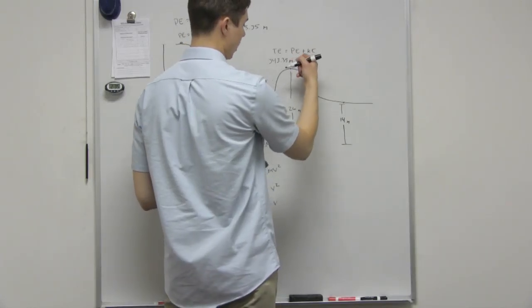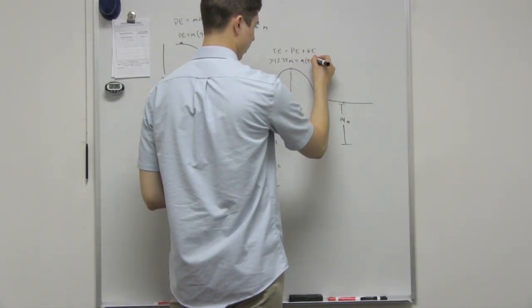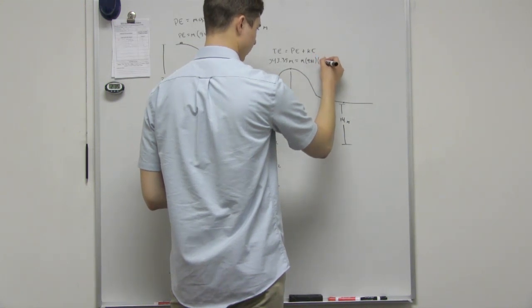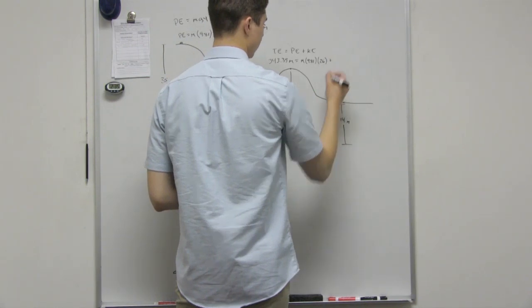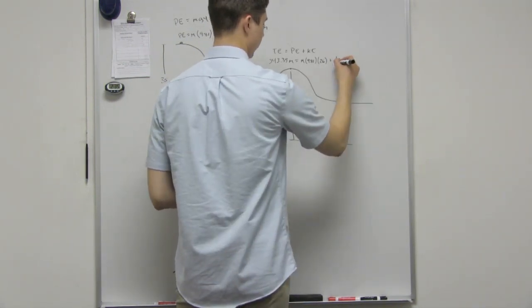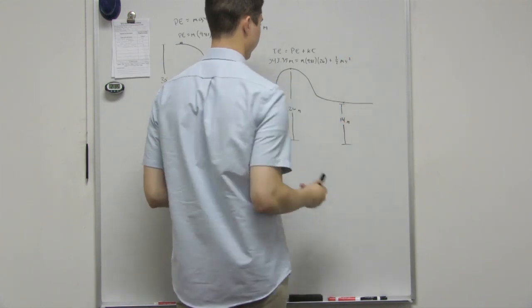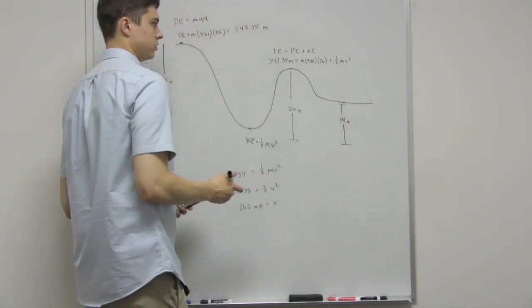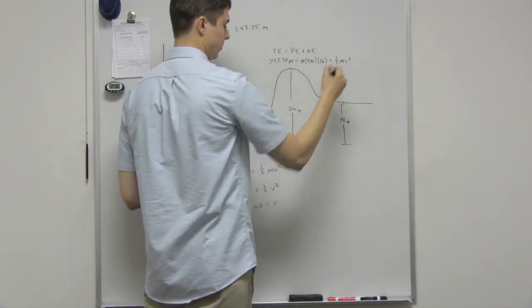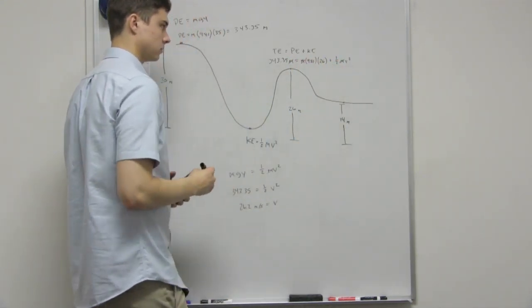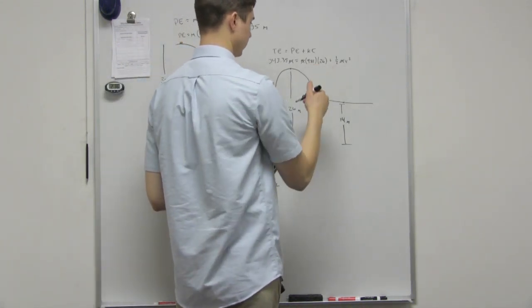MGY is going to be M, G, Y, 26 high this time, and then 1/2 M V squared. So we get cancellation of the M again, since it's in every term, that just goes away. We can multiply that to get some number.